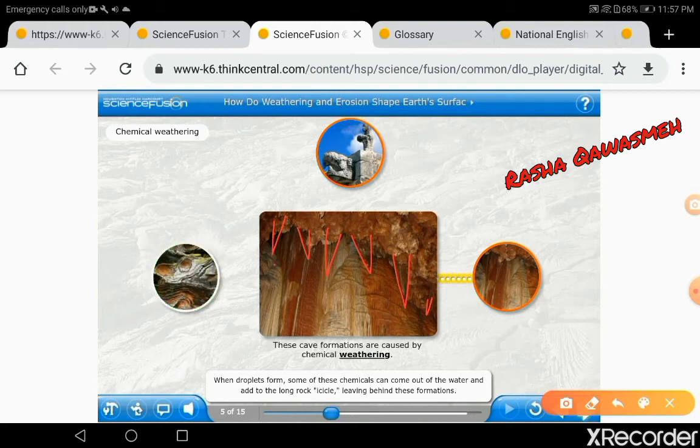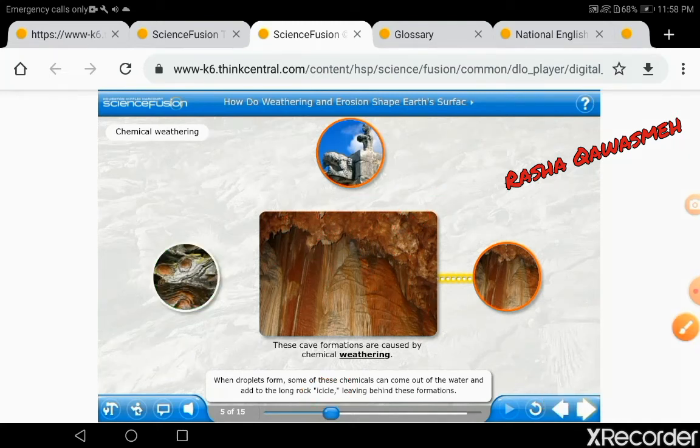Now, when water seeps through the cave rocks, it carries some substances. When the droplets of water come from these parts, it starts making these icicles, because the water carries melted substances.